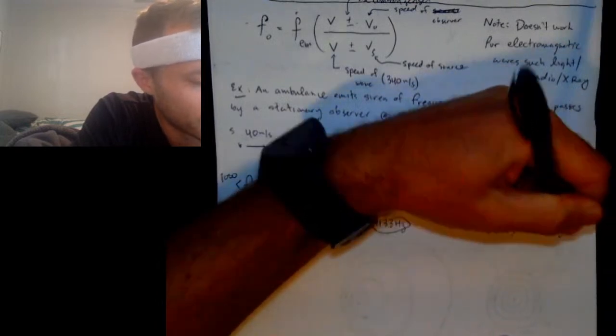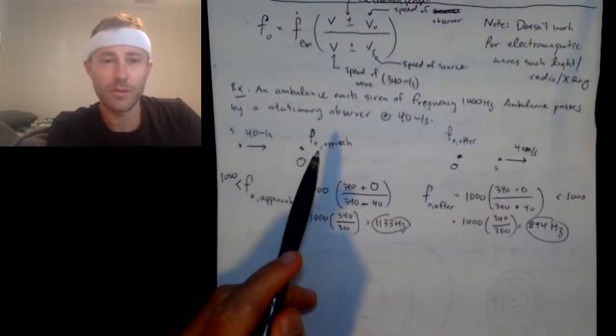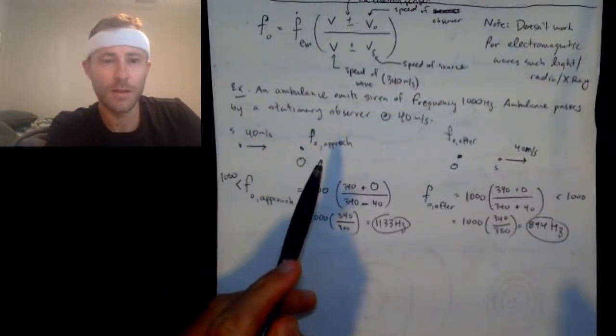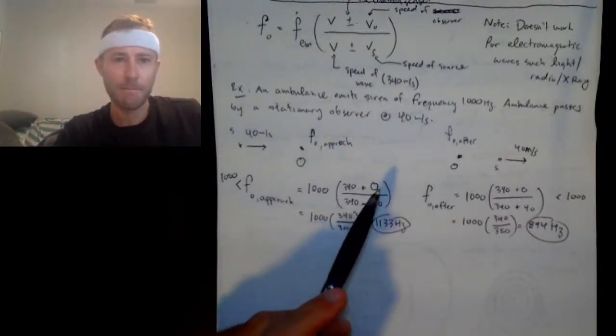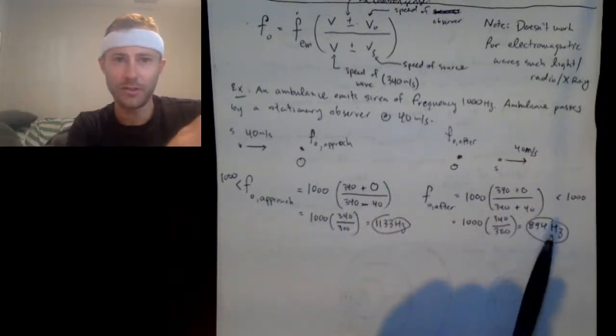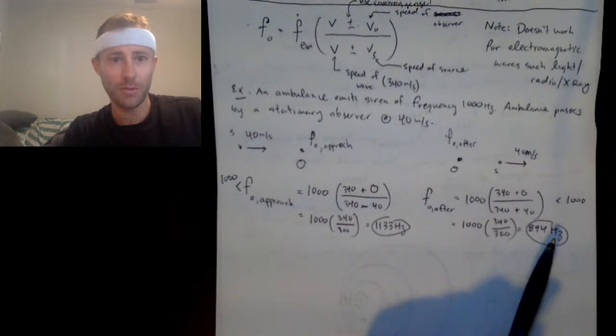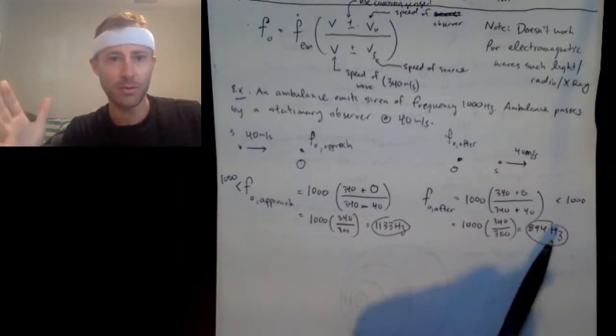Okay? So what would happen is, on approach, the frequency is shifted up. And then the moment the ambulance passes by, the frequency is going to shift down because it transitions from going towards you to going away from you. And so this is why you hear the classic Doppler effect sound.